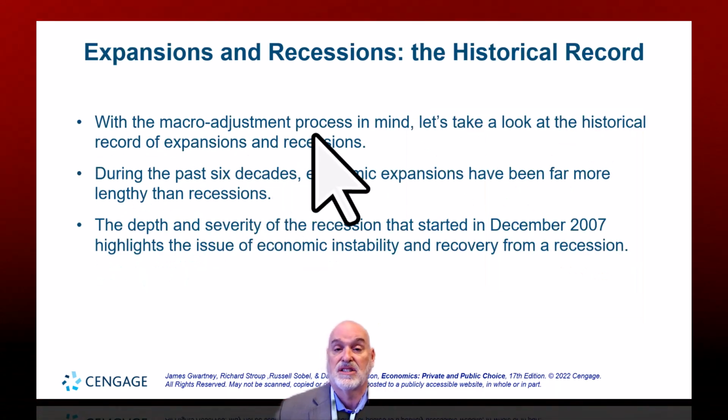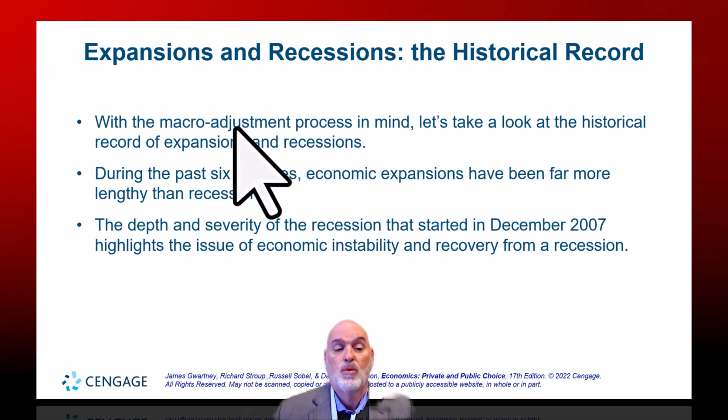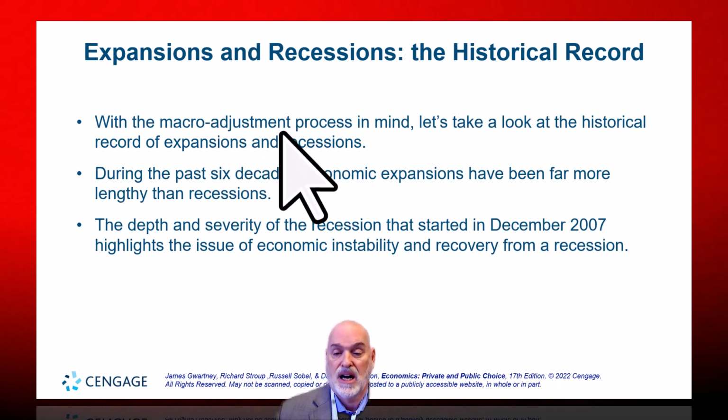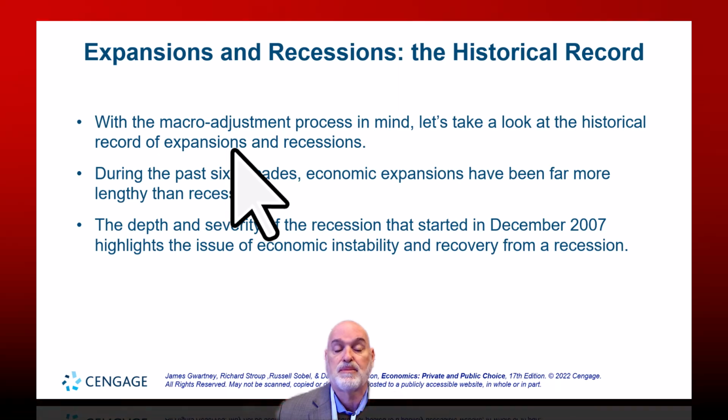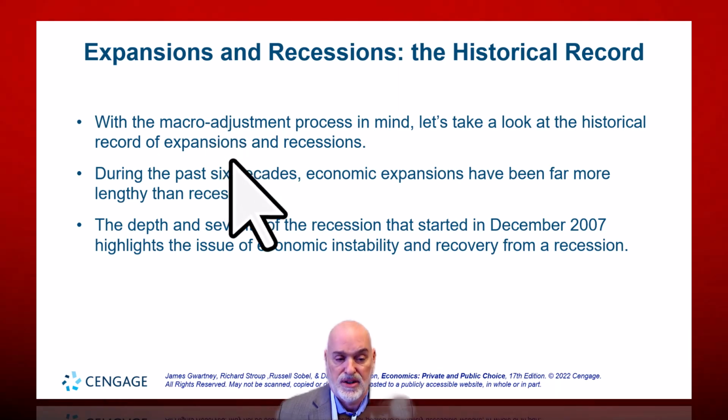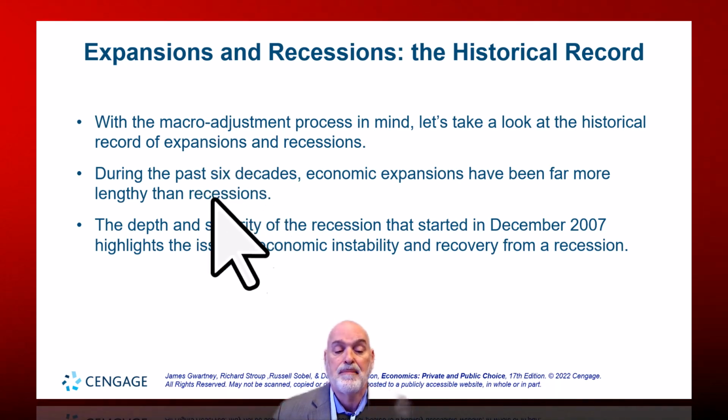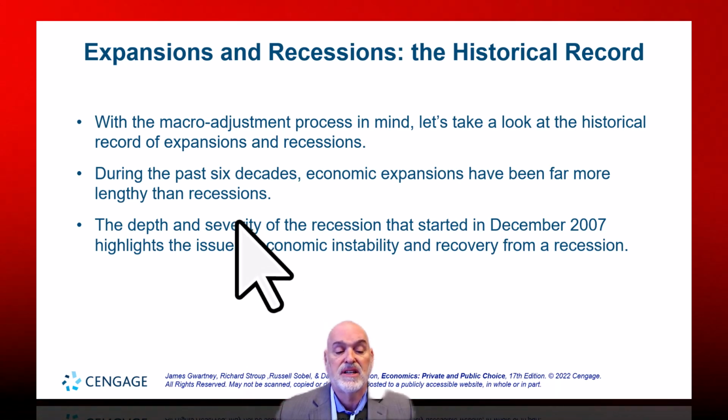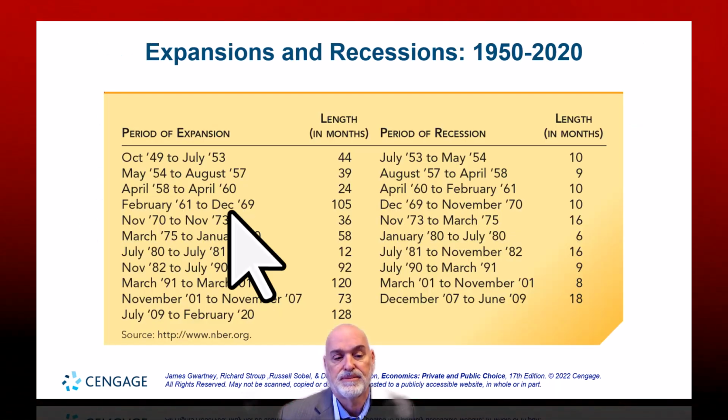Expansions and recessions, the historical record. With the macro adjustment process in mind, let's take a look at the historical record of expansions and recessions. During the past 6 decades, economic expansions have been far more lengthy than recessions. The depth and severity of the recession that started in December 2007 highlights the issue of economic instability and recovery from the recession.